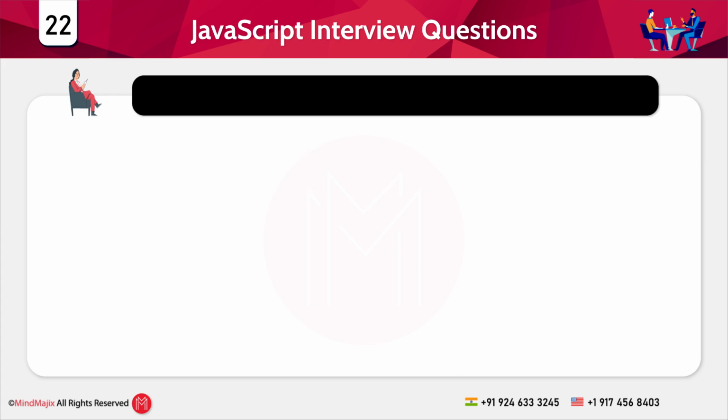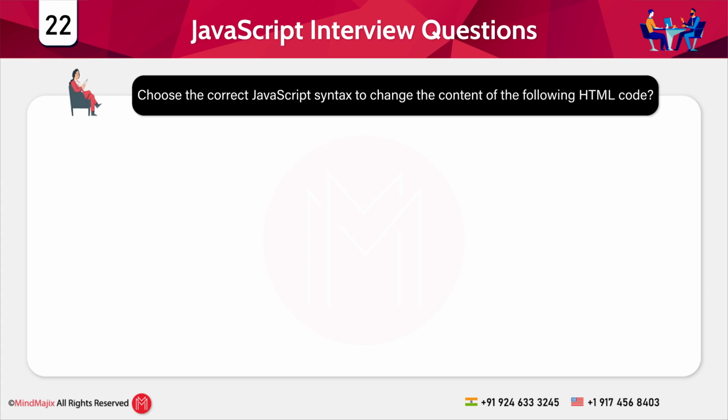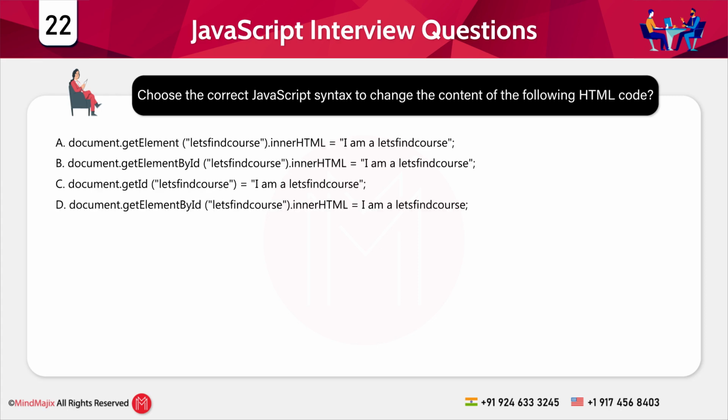Now the next question. Choose the correct JavaScript syntax to change the content of the following HTML code. Option one, document.getElement let's find course dot innerHTML I am let's find course. Second option, document.getElementById let's find course dot innerHTML I am let's find course semicolon.